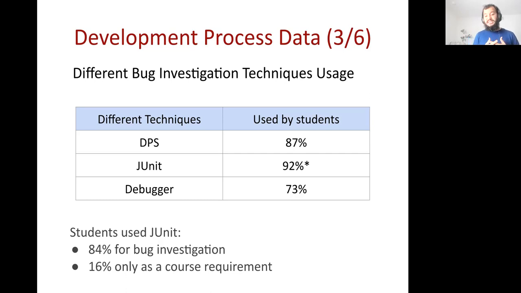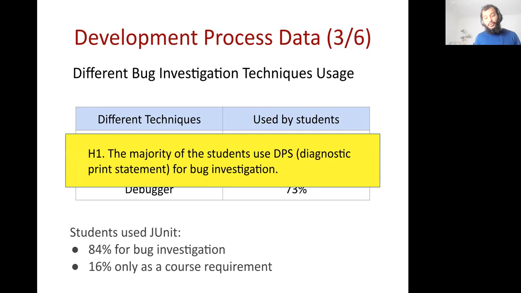So this brings down the number of students using JUnit testing for bug investigation purposes to 77%. So we can verify our first hypothesis again that the majority of the students use diagnostic print statements for bug investigation.